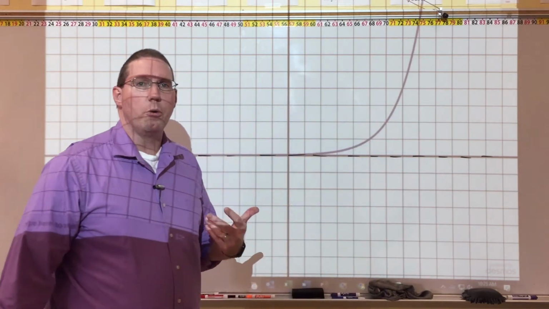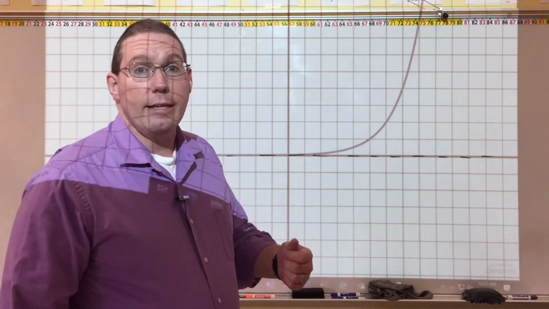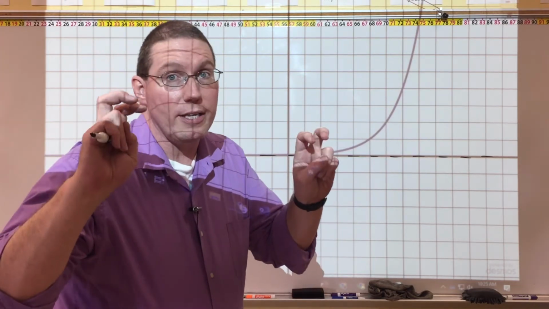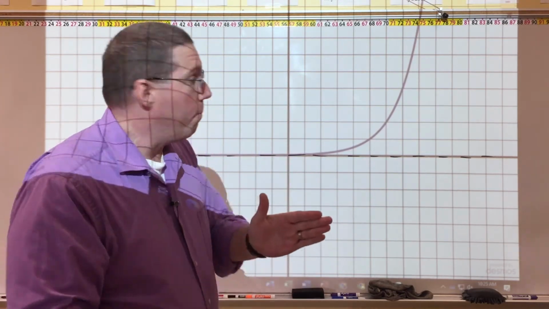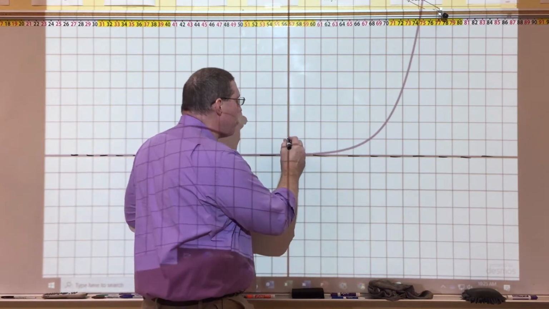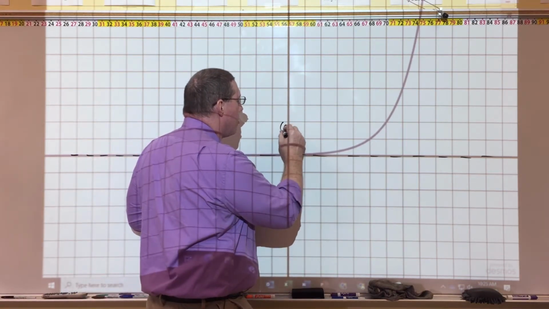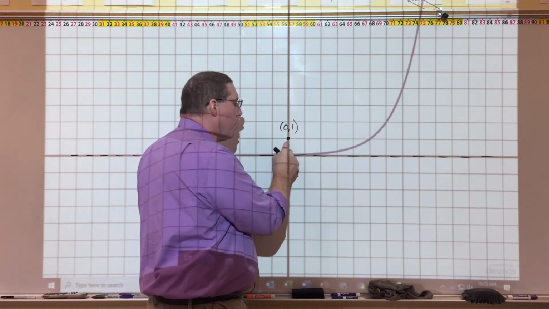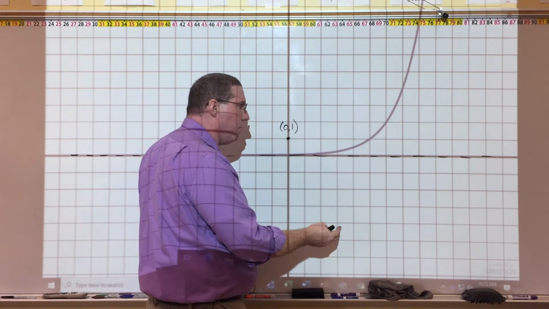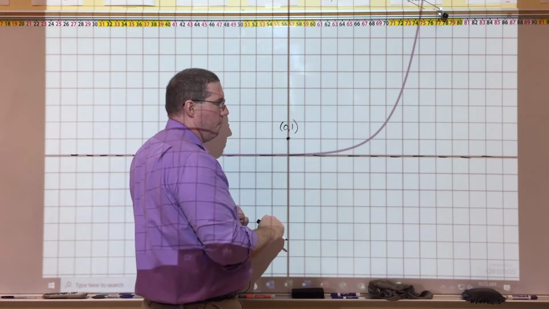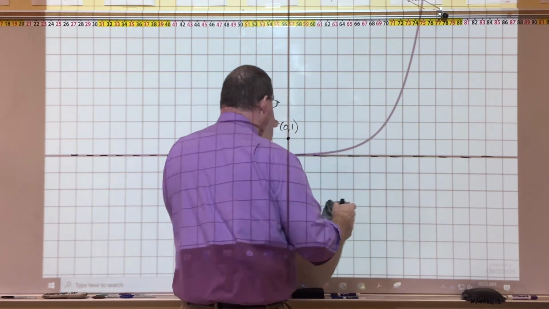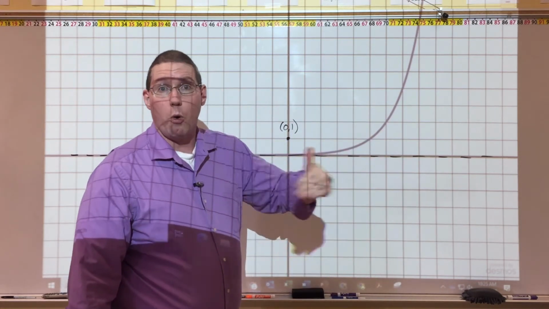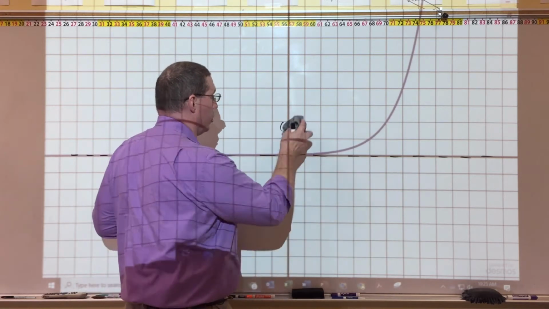The asymptote is going to help us in identifying the base, but it also helps us identify what I call the most important point, which previously was the point 0, 1. But you can see now that this graph does not pass through 0, 1. The point 0, 1 has moved over to the right. The way you identify this point on the curve is what is going to tell you the horizontal shift, the leftward or the rightward shift.